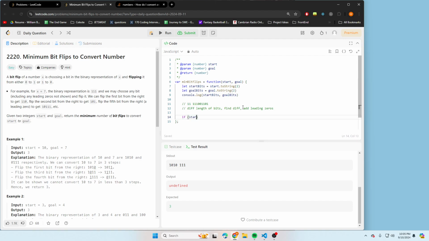If start bits dot length is less than goal bits dot length, difference is equal to the difference.